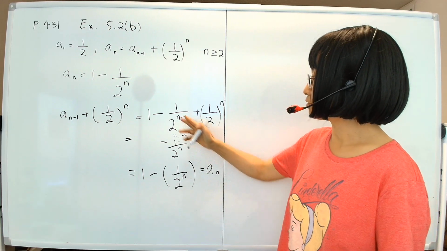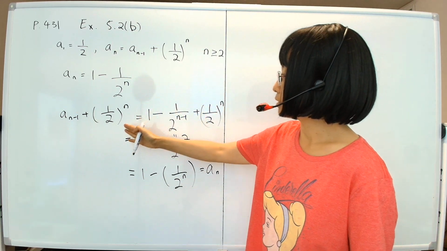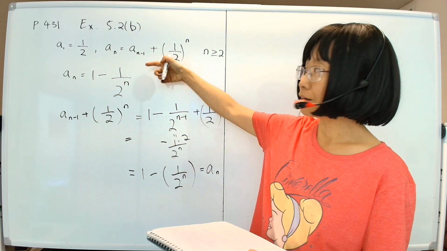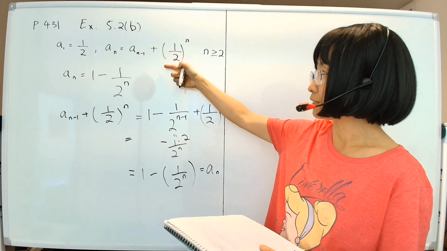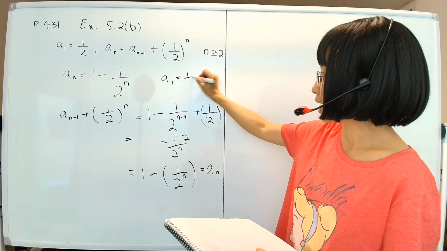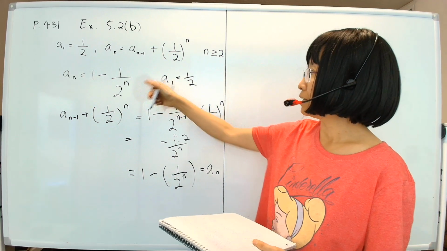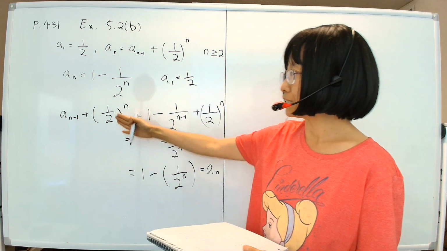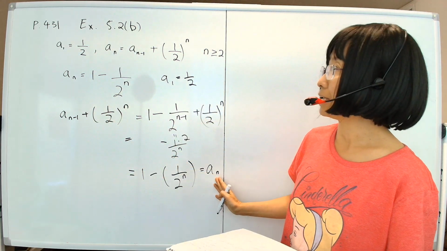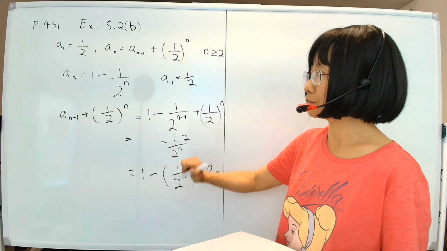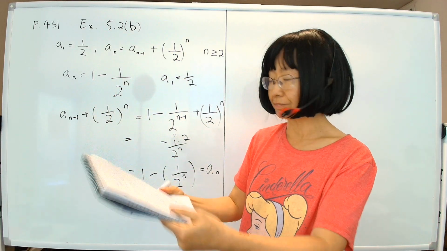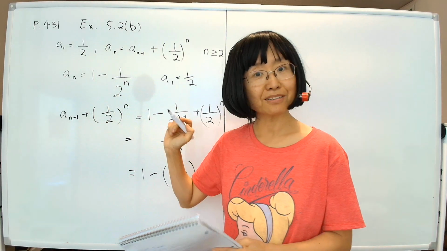So we proved that the formula that we guessed actually does satisfy the entire condition, starting from a1 equals 1/2. By this formula, it starts at 1/2, and then each a(n-1) plus the added term will equal an according to the formula, and therefore this particular guess for the formula for an is the right answer.